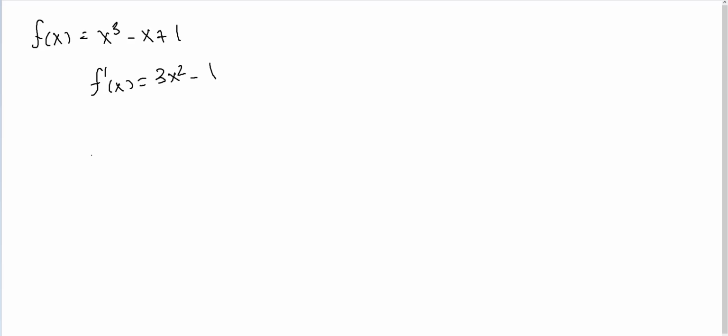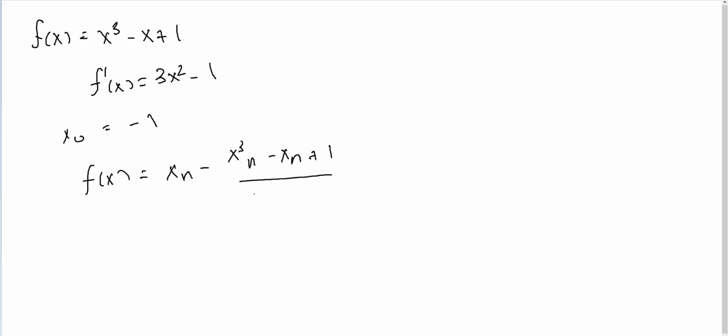Now with our initial value x naught equal to negative 1, we can clearly state that x of n plus 1 is equal to x n minus x n cubed minus x n plus 1 over 3 x n squared minus 1.